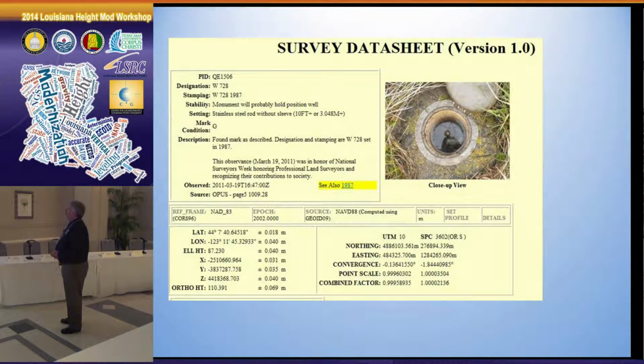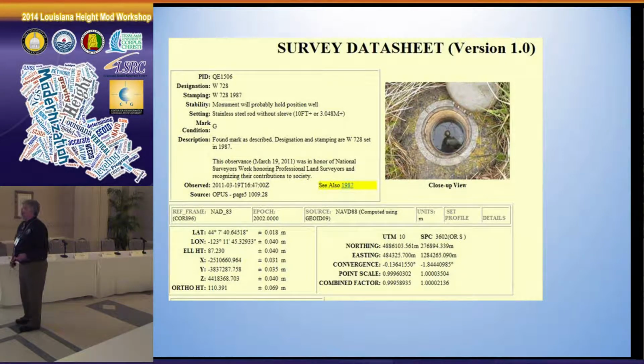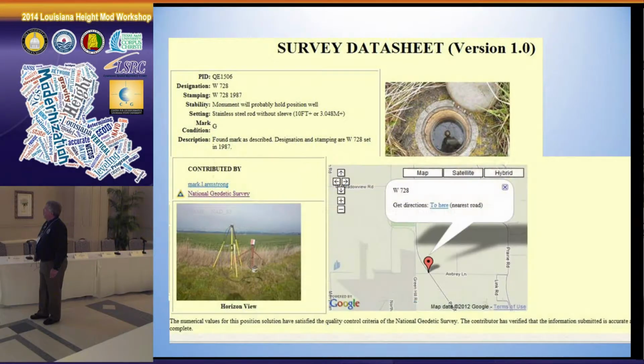And the geoid model, the epoch, the adjustment, point scale, combined factor, the typical things you would expect to see on a data sheet, only with a much friendlier look to it, isn't it? And this, again, is in a different database than the NGS integrated database, which is all the millions of points that have been put in by Blue Booking. Here's another picture. Really nice tool.